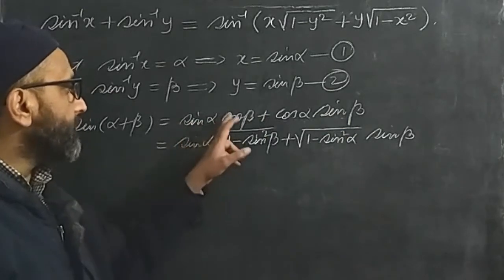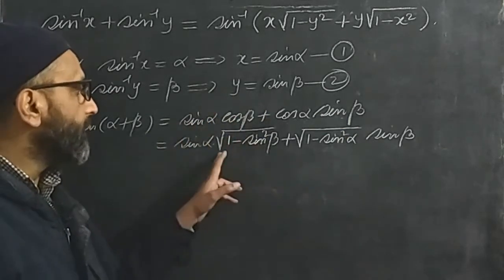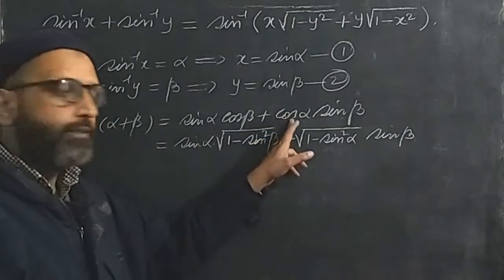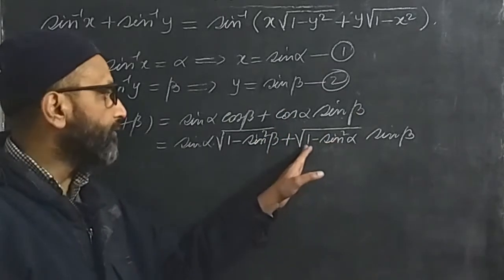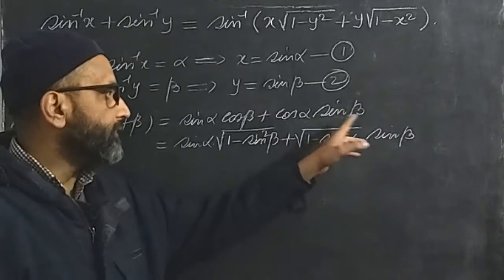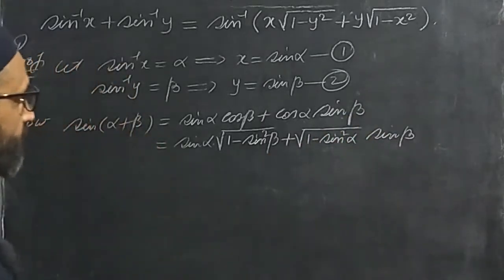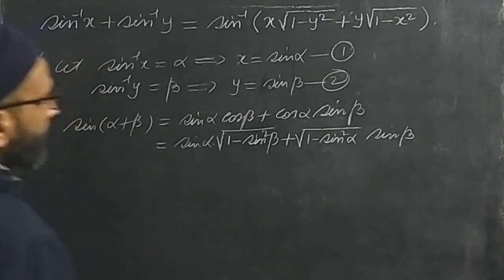Sine alpha remains as it is, and this is cosine, so we have transformed it in the form of sine. Here cosine function, we have transformed it in terms of sine function, and sine function as it is. So we have transformed all the trigonometric functions in form of sines.